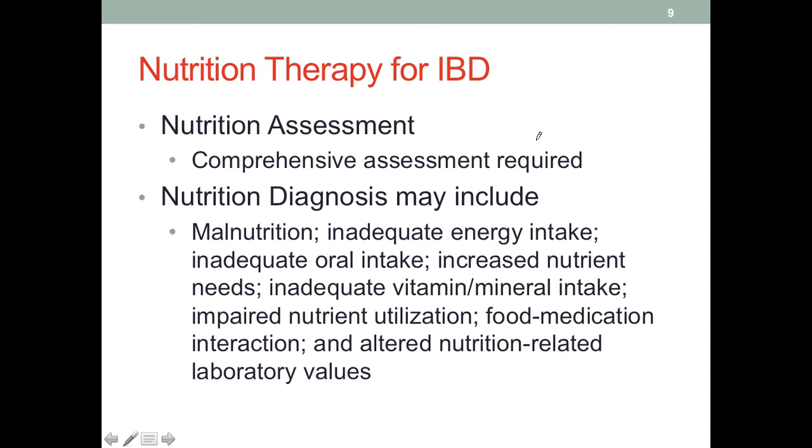The nutrition assessment must be comprehensive. Based on what we have covered so far, there is unknown etiology, people may have a genetic predisposition, and there are different triggers of the autoimmune response.